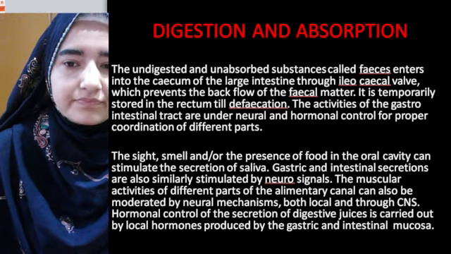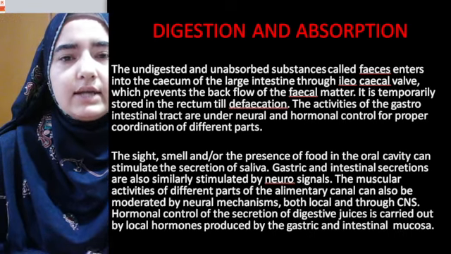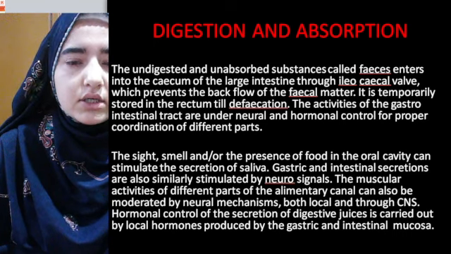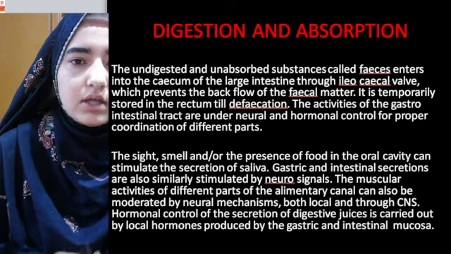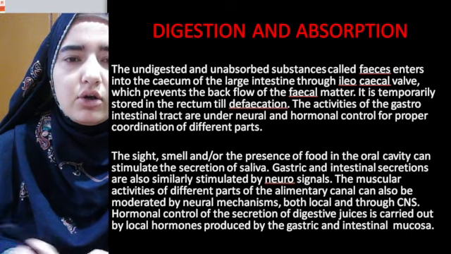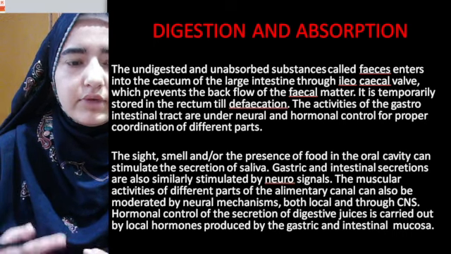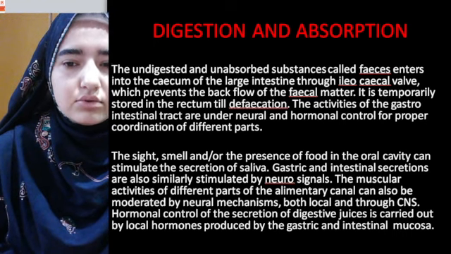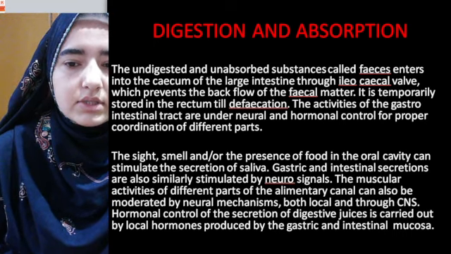Okay, and we know that our gastrointestinal tract, that is the gut, is under neural and hormonal control. In the hormones chapter, you will see that several hormones are released. And we have neural signals as well going to the brain from the gut, and so on. I hope this concept is clear.